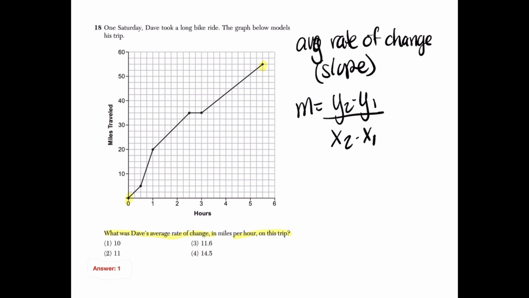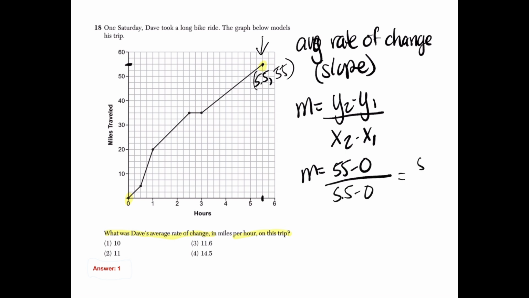Notice we started at 0, 0, so my y1 and my x1 is going to be super easy. And we ended up here. So what is this point? Here, I'm going to go down here. This is like 5.5? So 5.5, and going vertically here between 50 and 60, so 55. Okay, so m is equal to 55 minus 0 over 5.5 minus 0, so that's pretty easy. 55 over 5.5.